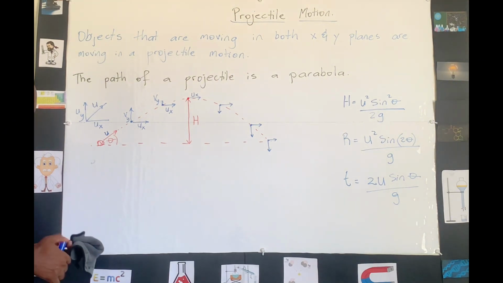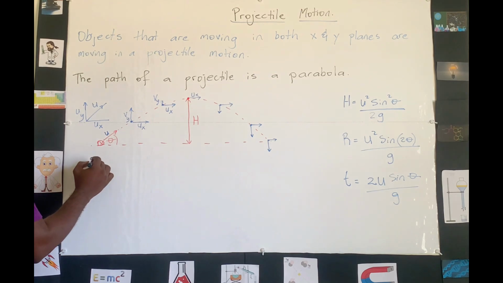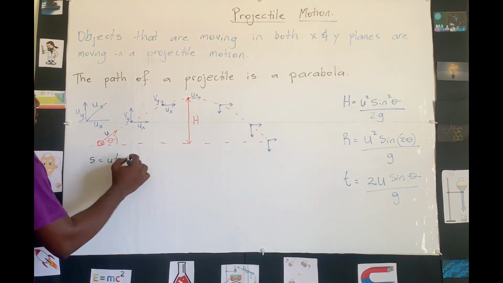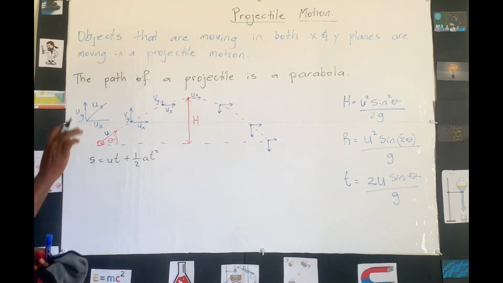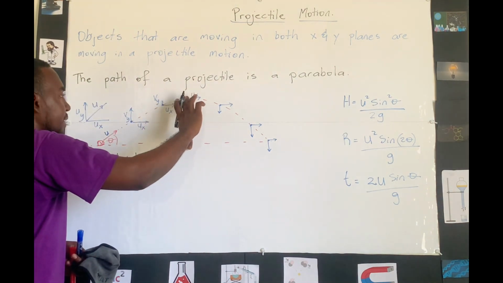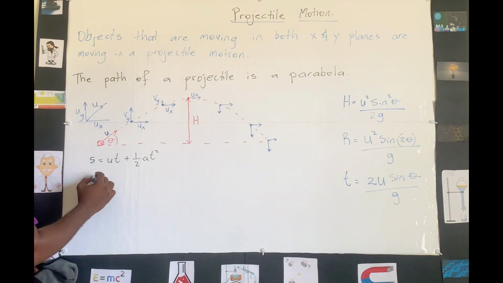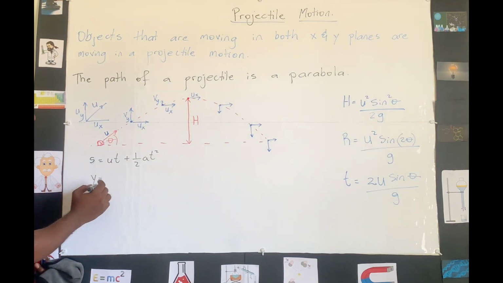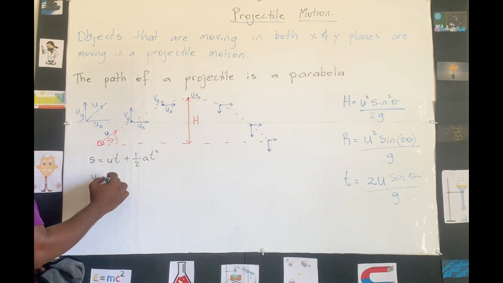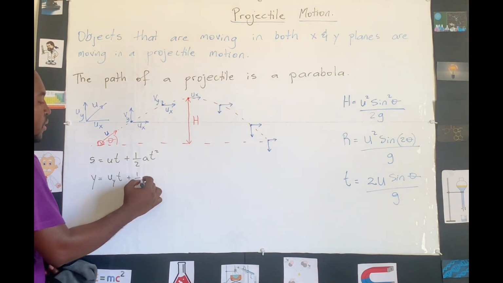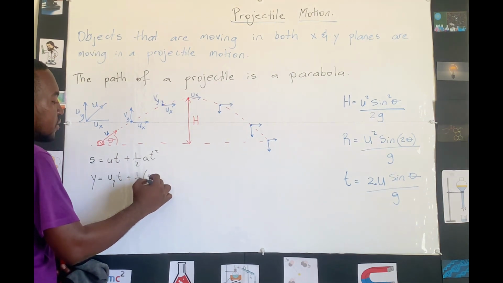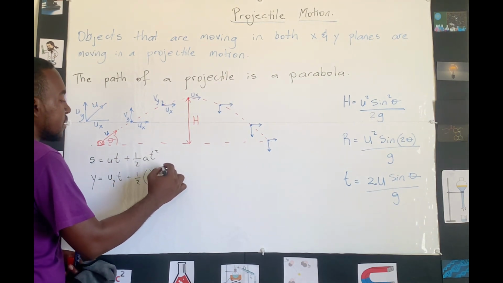Remember we had the motion equation from last class that says S is equal to ut plus half at squared. Because we're looking at the y plane, because we need the y distance here, it is now y, or you can use h, is equal to the uy times t plus half of g times t squared.